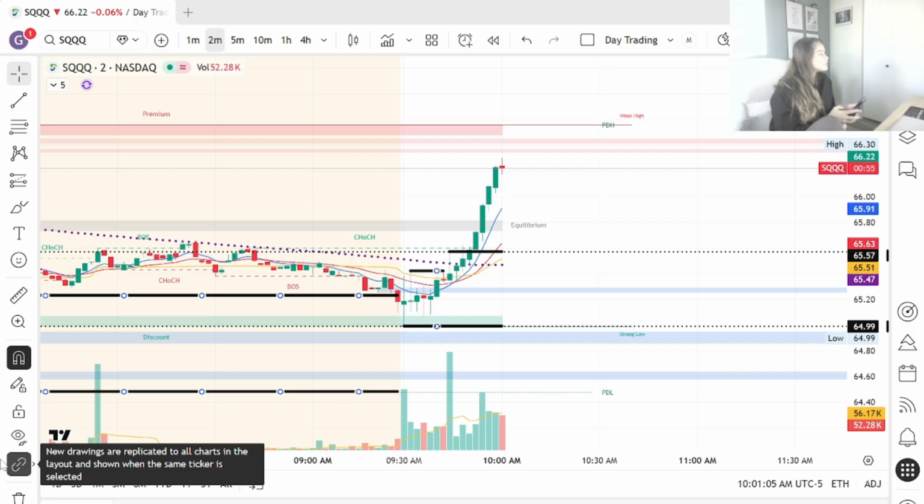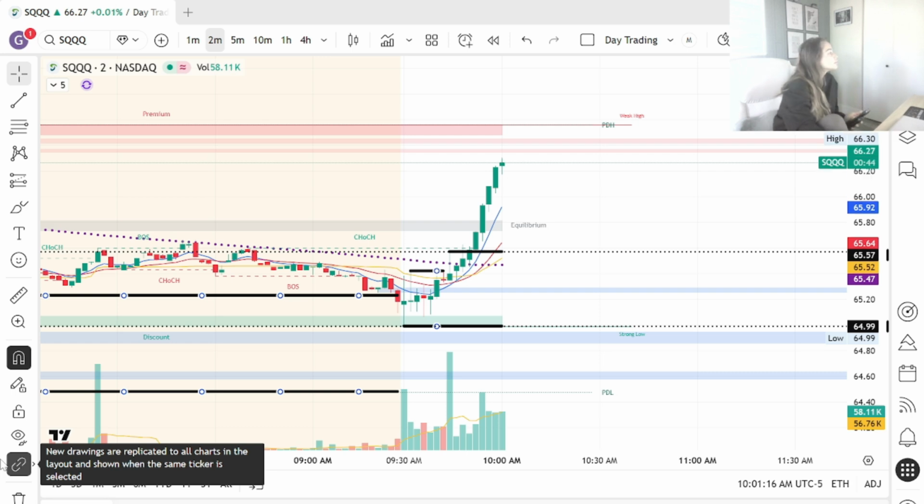Let's see if it does another. Nope. $29. NASDAQ is trying to turn. No, it keeps selling. 33 over here, 35 over here.